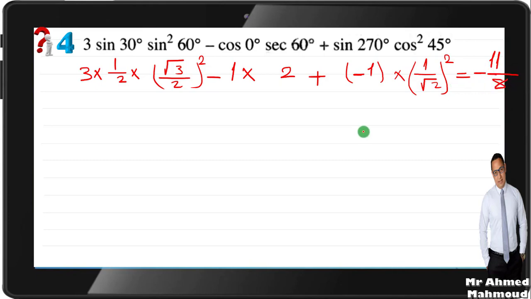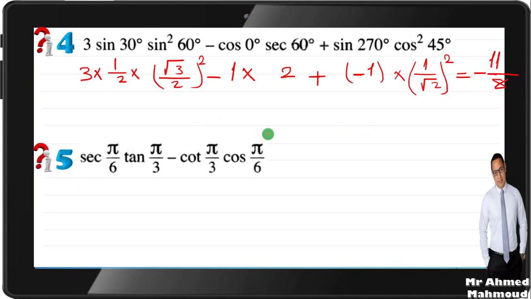Number 5: sec pi over 6. Pi over 6 is 30. So you are going to calculate on the calculator 1 over cosine 30. 1 over cosine 30 equals 2 over root 3, times tan pi over 3, which is 60. Tan 60 equals root 3, minus cotan.